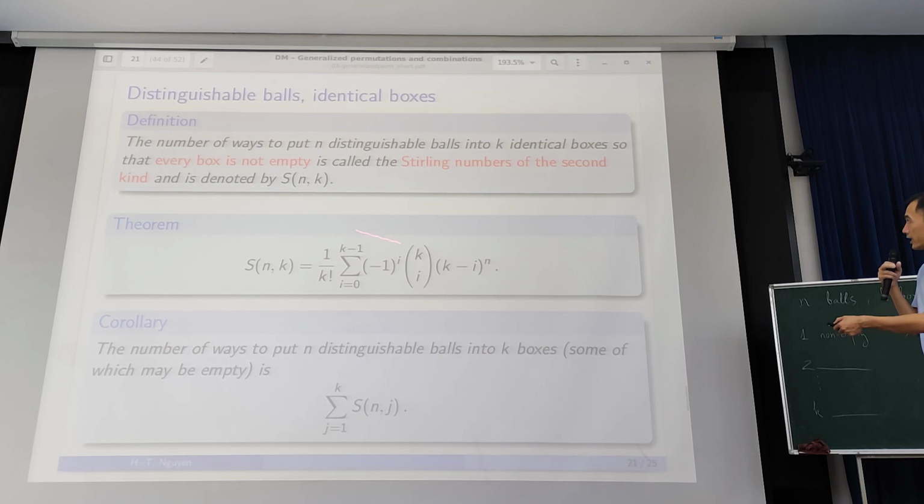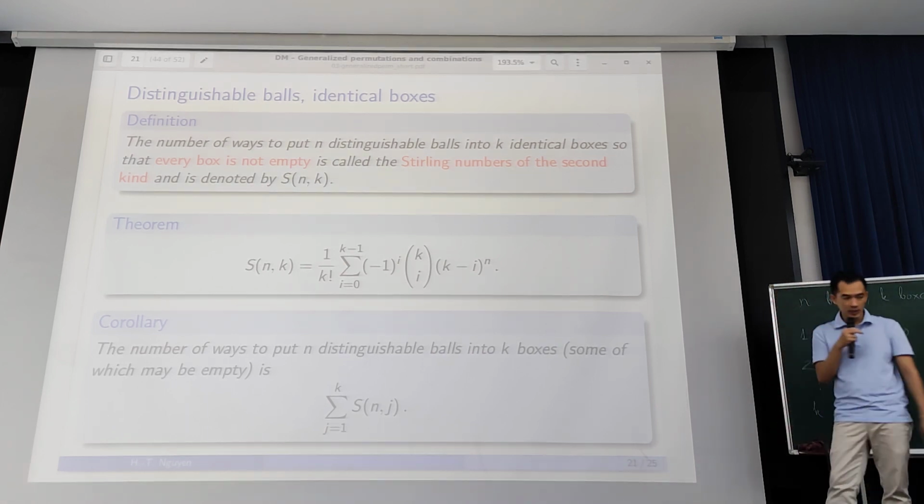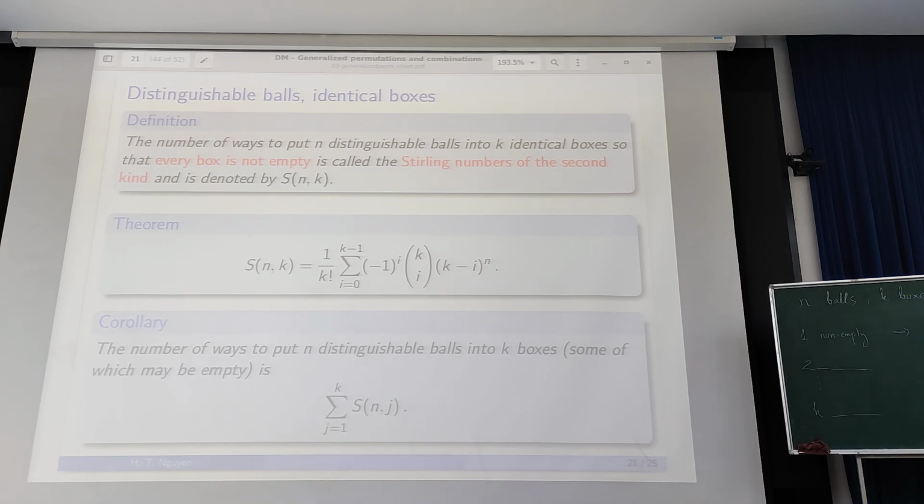I leave the formula here, and now do some exercise and try to see if you can get the same result as we previously found.